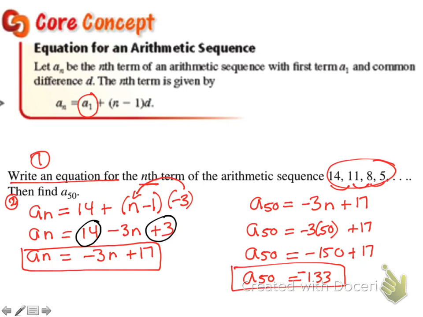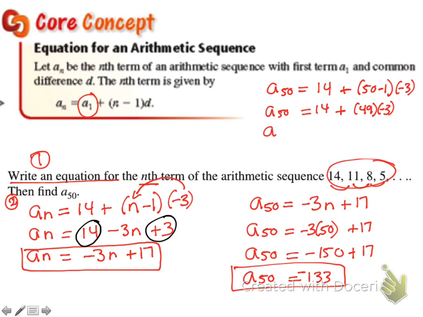Now, I could have gone right away. I could use this and do a sub 50 equals, the first term is 14, plus the term number is 50 minus 1 times -3. So I could have done a sub 50 equals 14 plus, and here I'm going to get 49 times -3. We have to multiply before we add. 14.